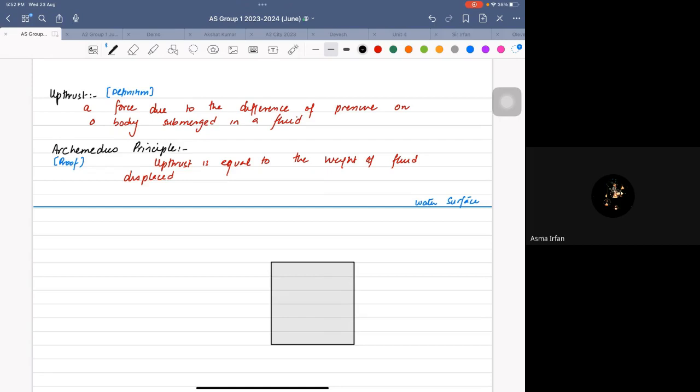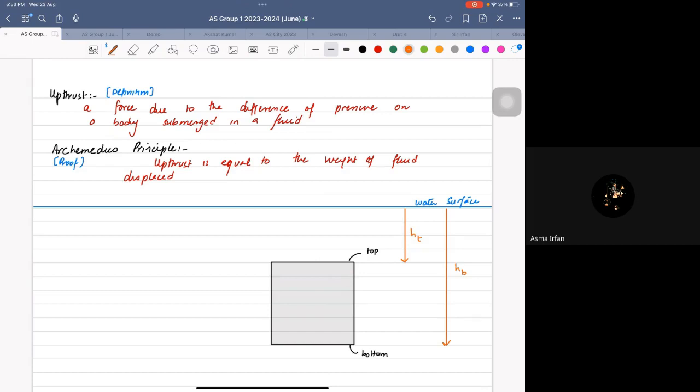Naturally, this part is the top, and that would be the bottom. Let's call the depth till the top HT, and the depth till the bottom HB. Do you guys agree?